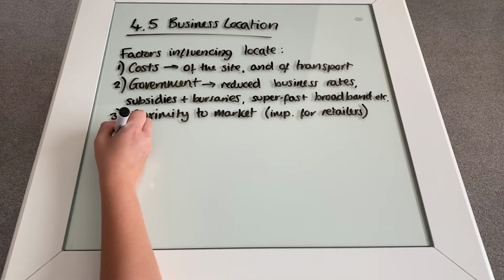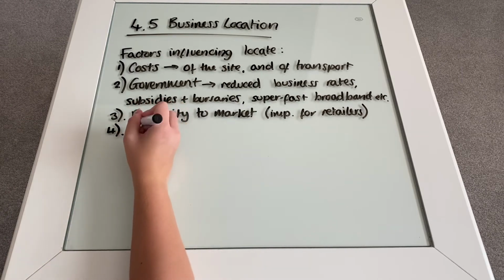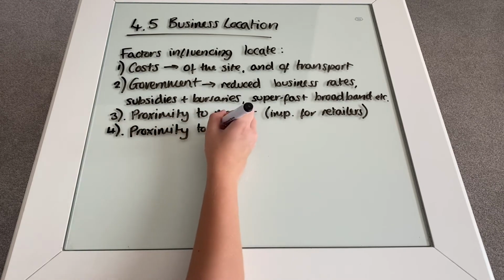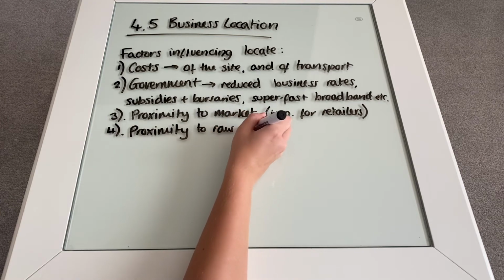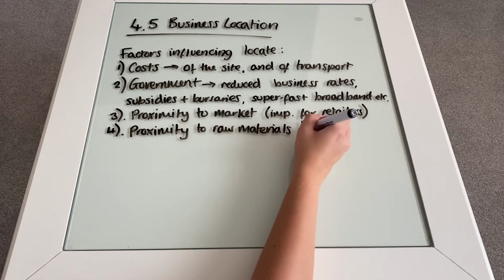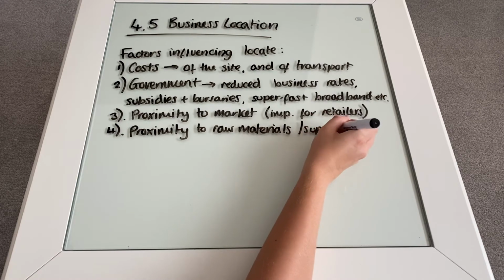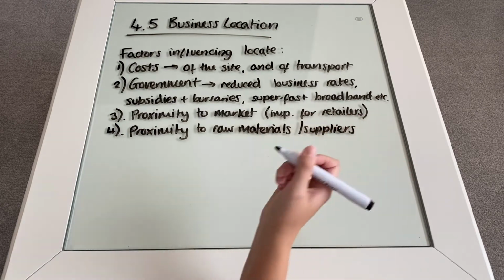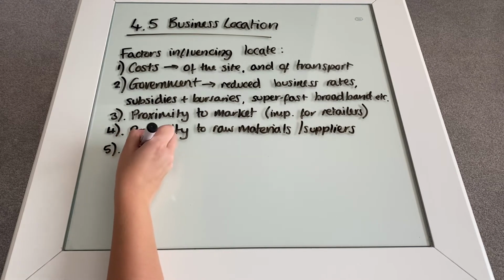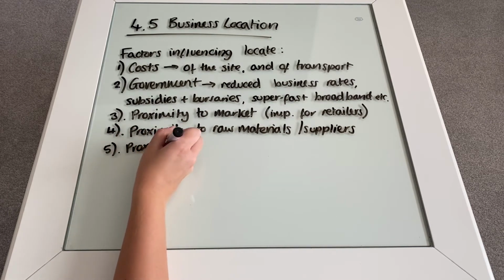Then, talking about proximity again, proximity to raw materials and suppliers. If you are close to your raw materials and suppliers, the cost of transporting them is going to be a lot cheaper, so it'll save you some money. Lastly, proximity to labour.